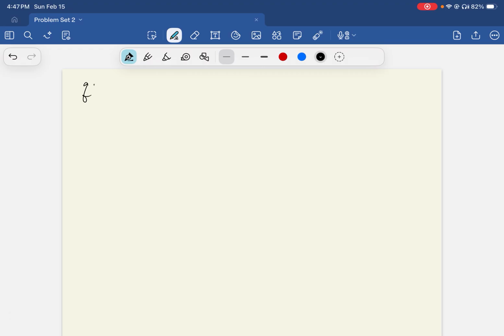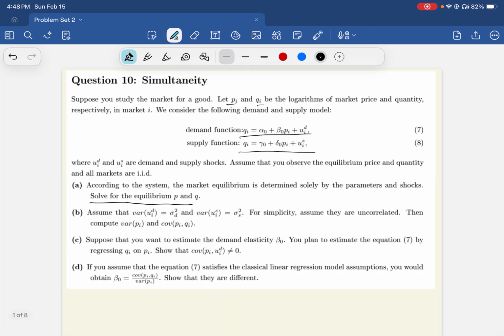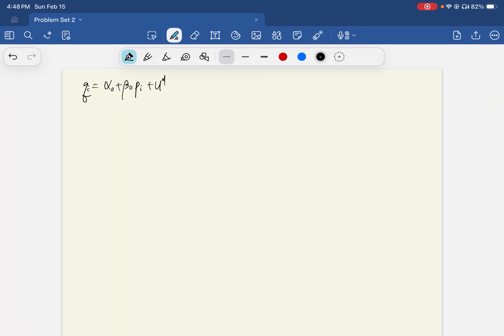So Q is, what is it, demand or supply? Demand. We have two equations. And let's calculate P, the price.